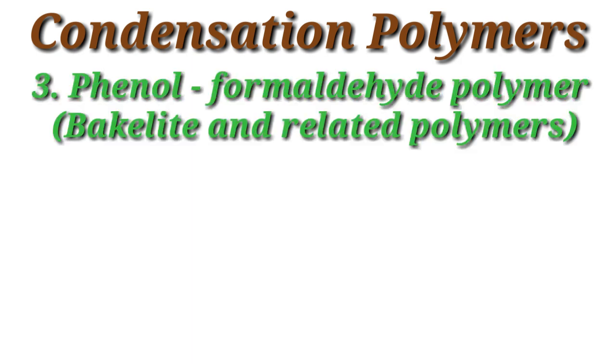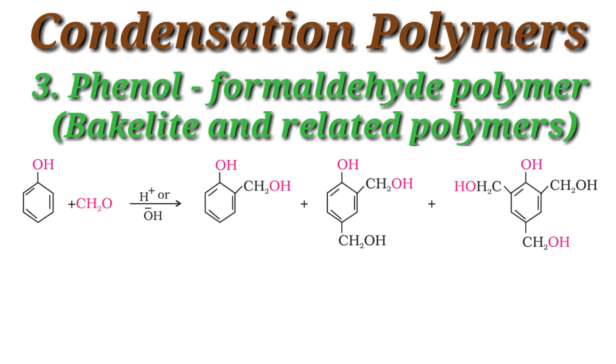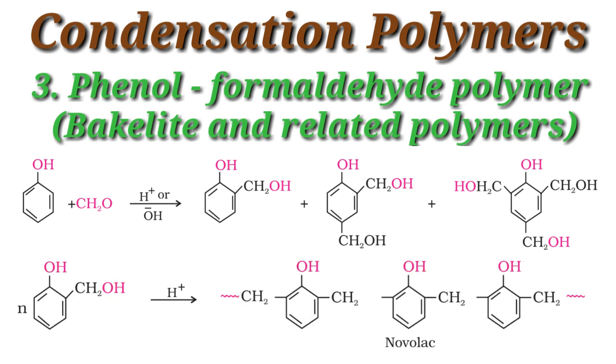Third one, phenol formaldehyde polymer, that is bakelite and related polymers. Phenol formaldehyde polymers are the oldest synthetic polymers. These are obtained by the condensation reaction of phenol with formaldehyde in the presence of either an acid or a base catalyst. The reaction starts with initial formation of ortho and para-hydroxymethylphenol derivatives, which further react with phenol to form compounds having rings joined to each other through CH2 groups.